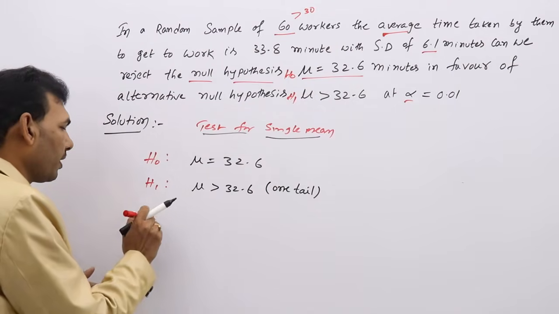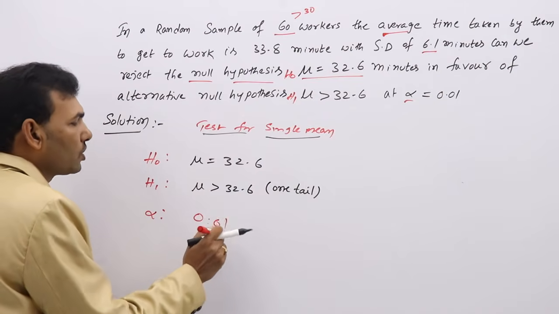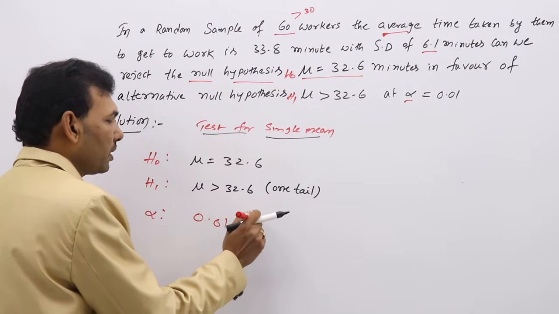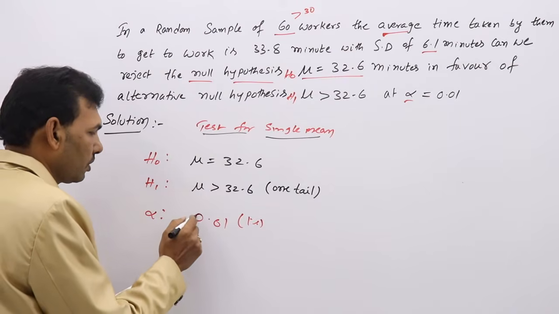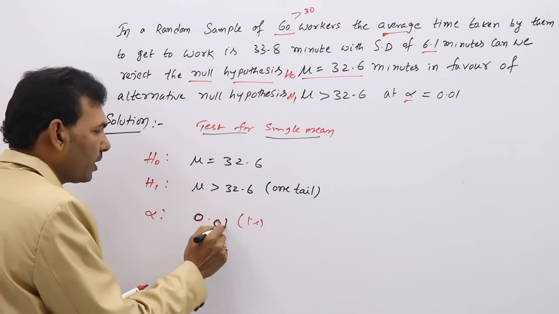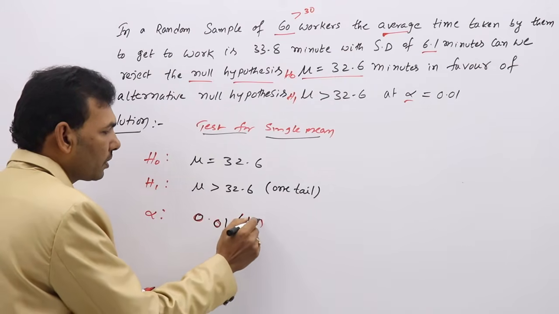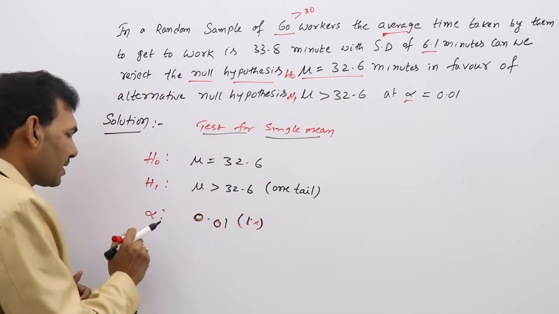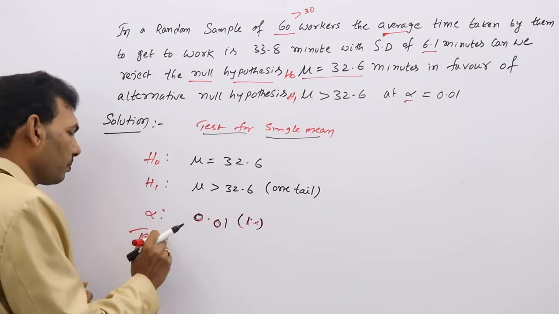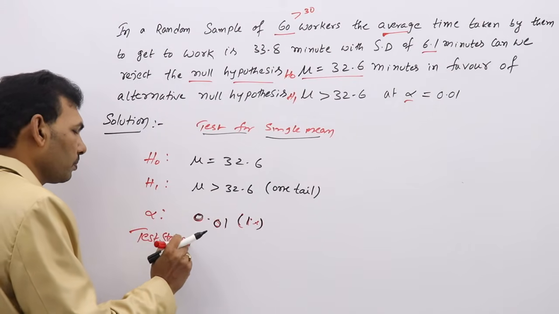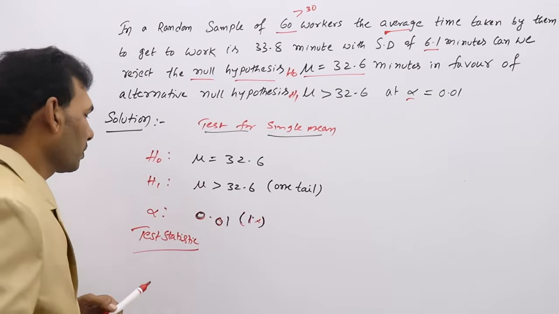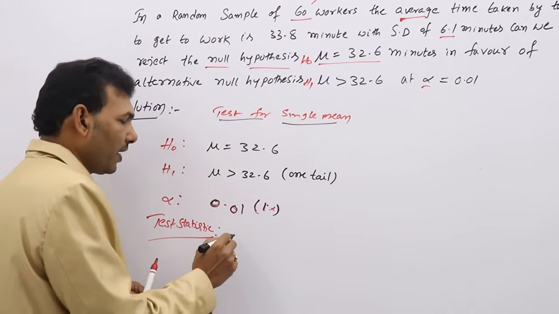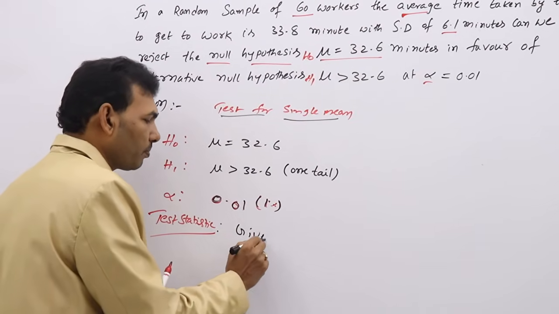Alpha is also given, 0.01, that is 1%. Now the test statistic, that is the formula. To get the calculated value, first write the given data.